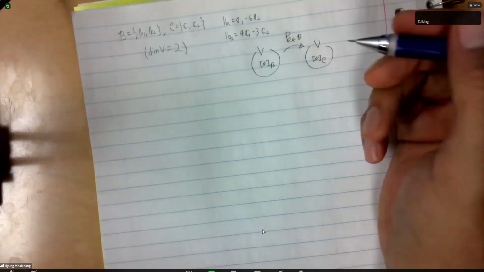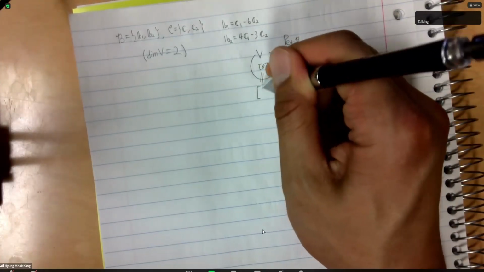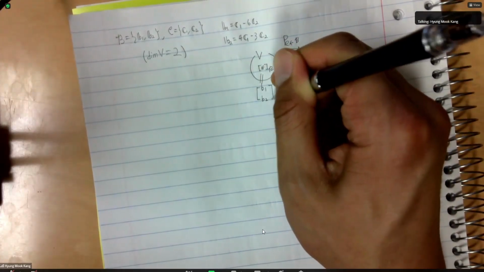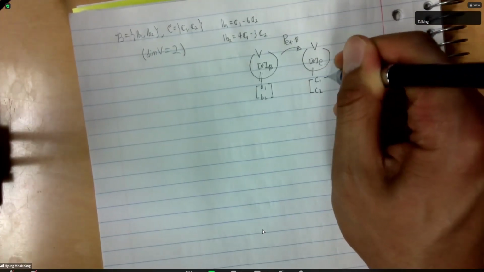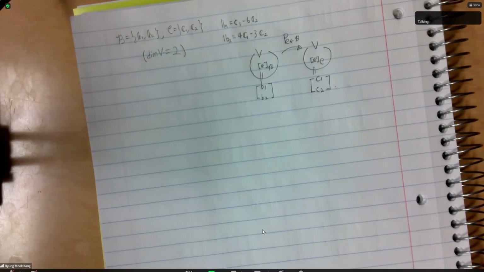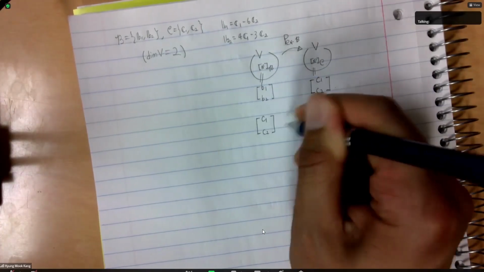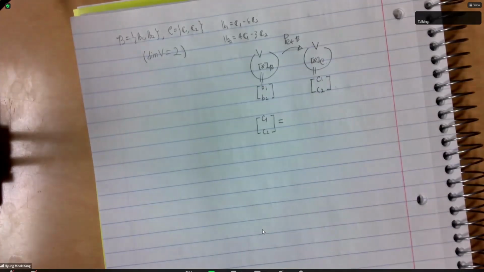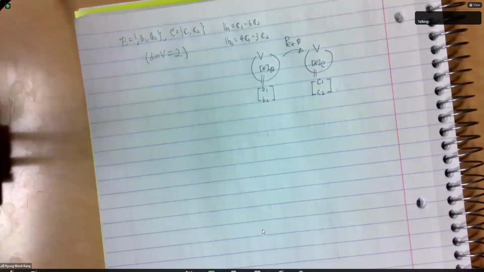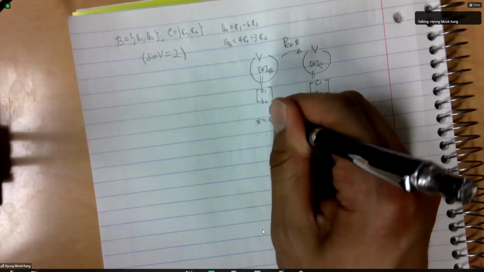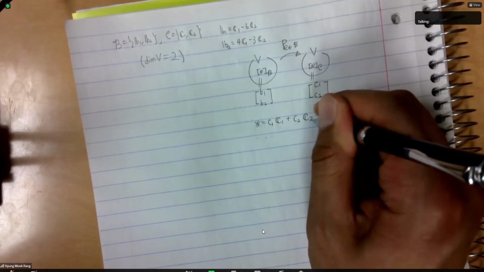Let's say this is B1, B2 and C1, C2. Then x is C1 times boldface C1 plus C2 times boldface C2, just by definition.